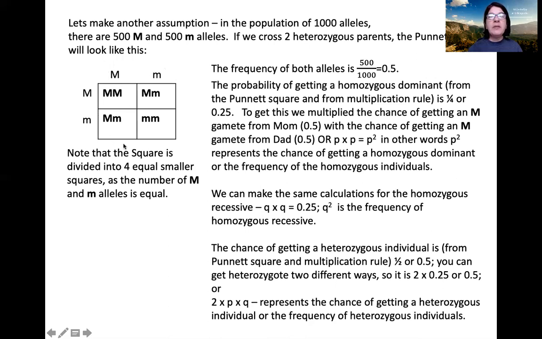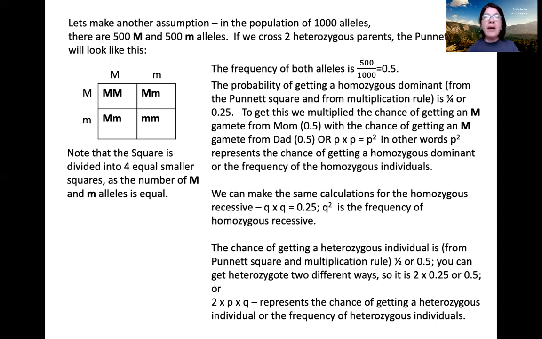Once you make the Punnett square, divided into 4 equal squares, you will see that 1/4 of the offspring should be homozygous dominant, 1/4 homozygous recessive, and 2/4 or 1/2 heterozygous. Notice the square is divided into 4 equal smaller squares because the numbers of alleles are equal: 500 dominant and 500 recessive.